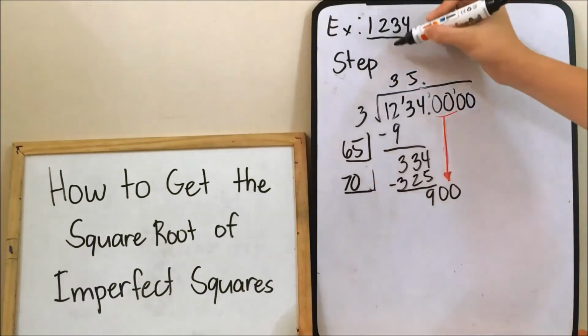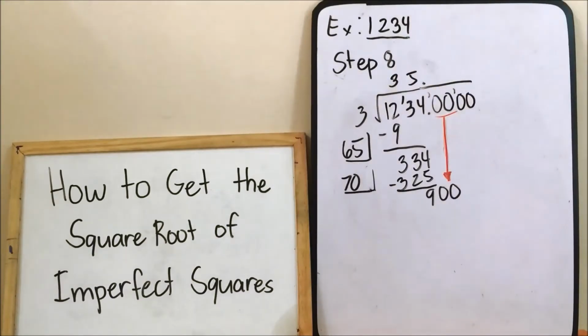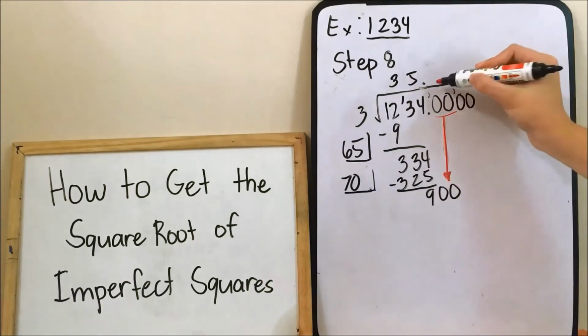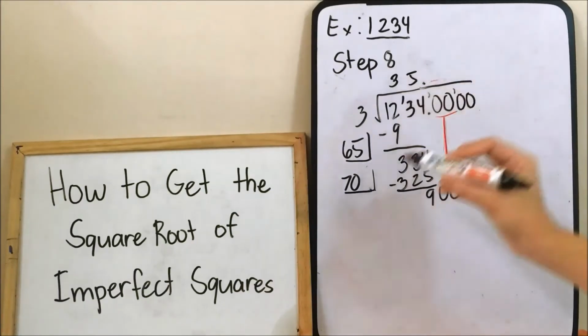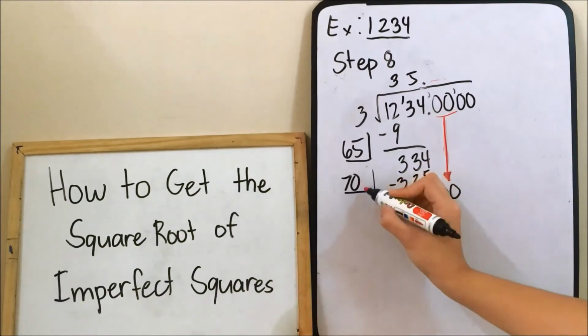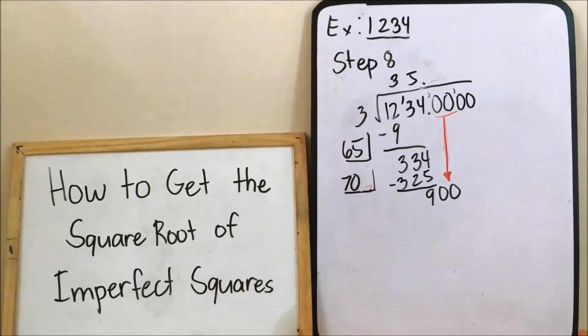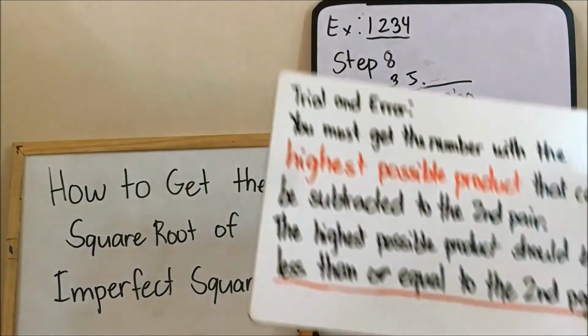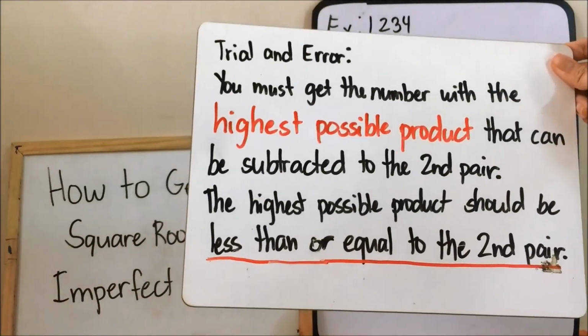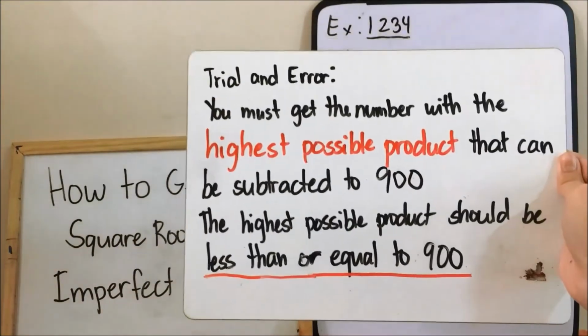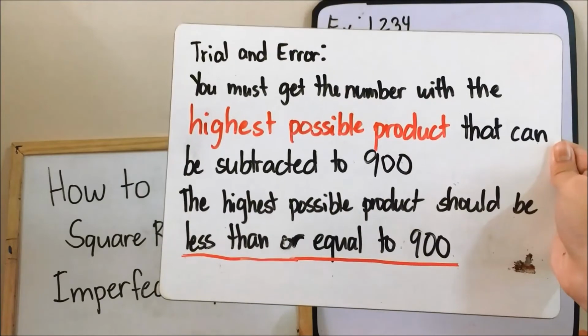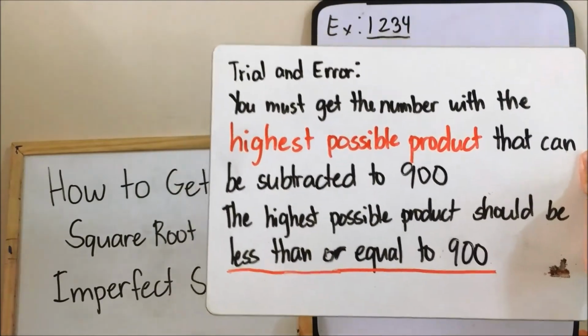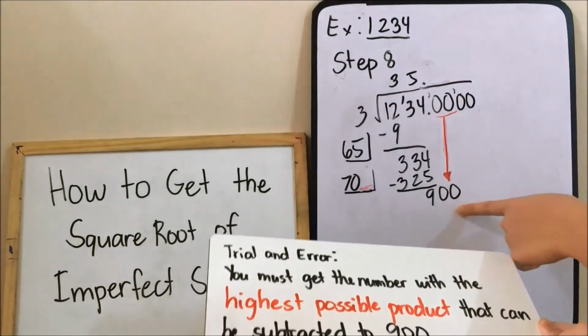Step number 8. So for step number 8, we will be finding the numbers over here and over here. Doing that by trial and error again. So the rule for trial and error here is you must get the number with the highest possible product that can be subtracted from 900.